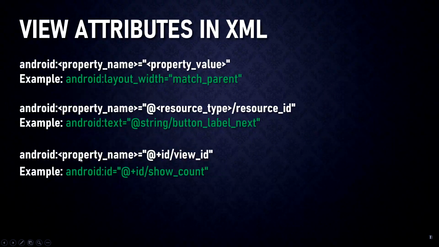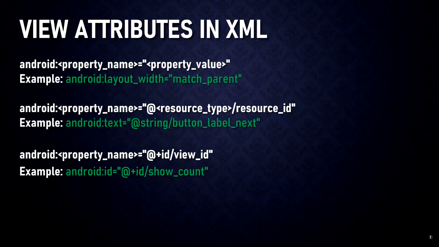And the third one is we specify again the property name at the left part, and we specify the ID with that specific ID name. For example, we specify android:id, and we write this annotation @+id, and we specify that specific view ID.